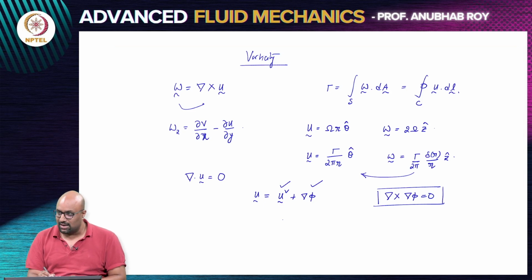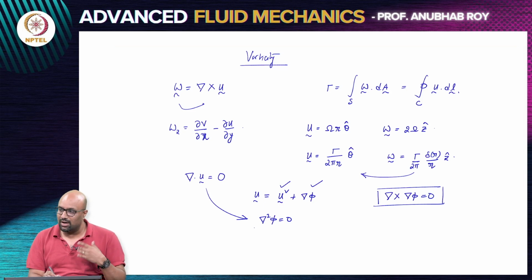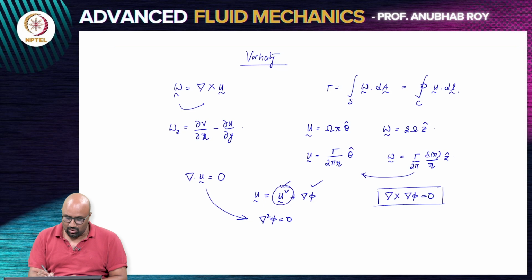And because the velocity field is divergence free, the quantity phi is going to satisfy this equation, del square phi equal to 0. This is a consequence of the fact that we are discussing solenoidal velocity fields. This is something we are going to do in some detail in a few lectures. But right now the goal is different. The goal is how do I find the rotational part of the velocity field.